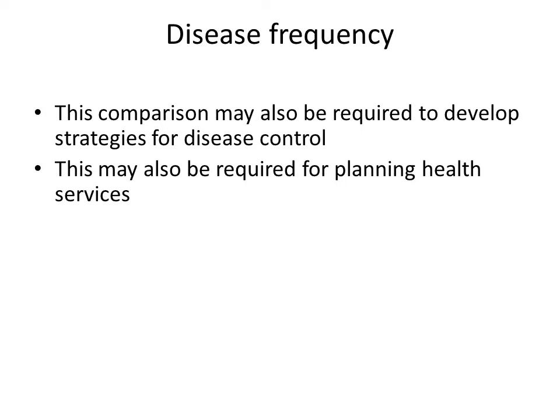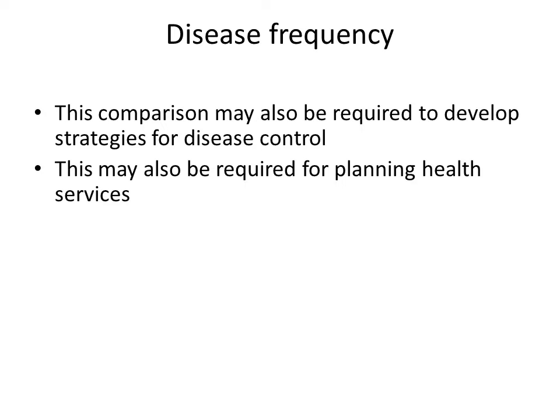For example, in India, infectious diseases like tuberculosis and vaccine preventable diseases of childhood are of concern, whereas in USA or Europe, the non-communicable diseases like cardiovascular disease, coronary heart disease, and cancers may be more bothersome.